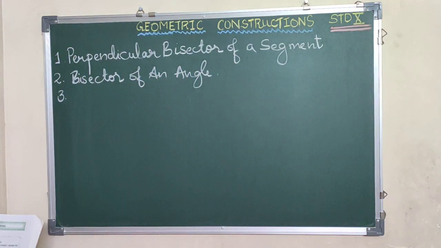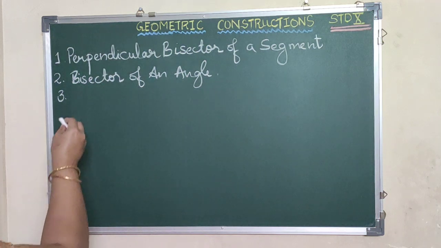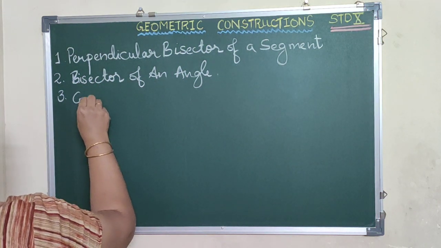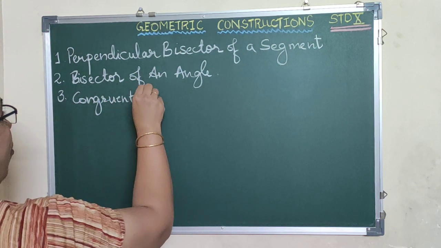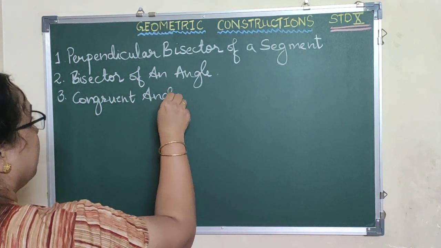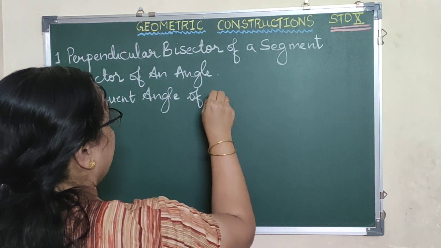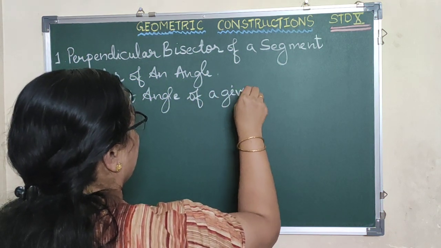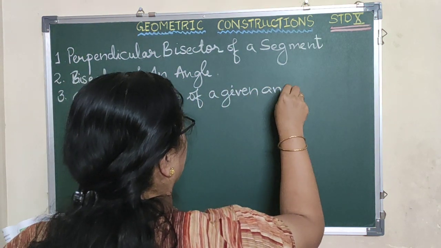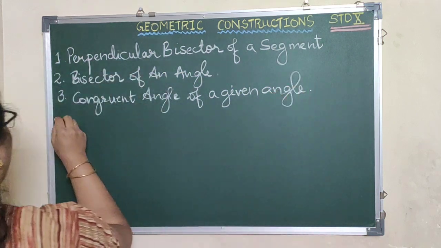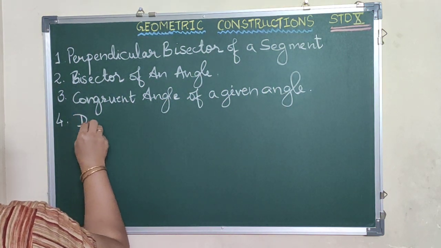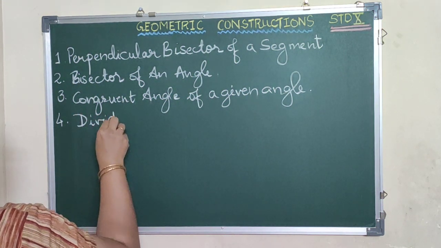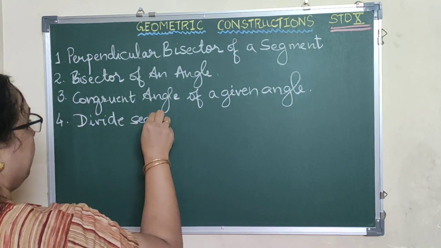Next, we see how to draw a congruent angle to a given angle. Next, how to divide a given segment into equal parts.